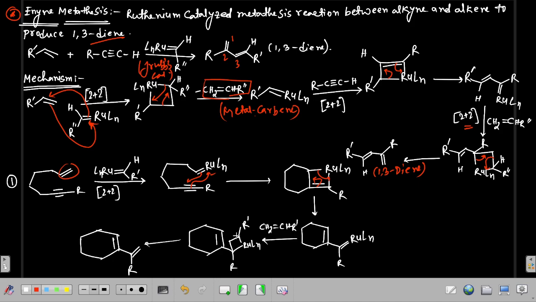Next step, it will undergo this ring opening reaction to give this 1,3-diene as a product.